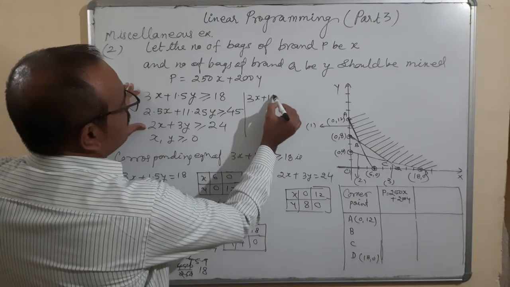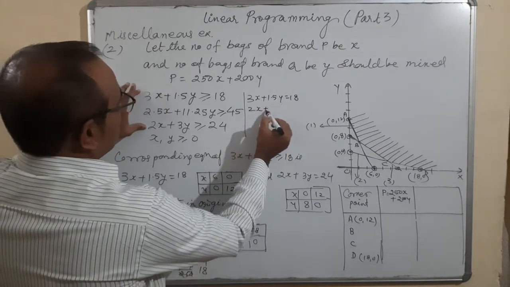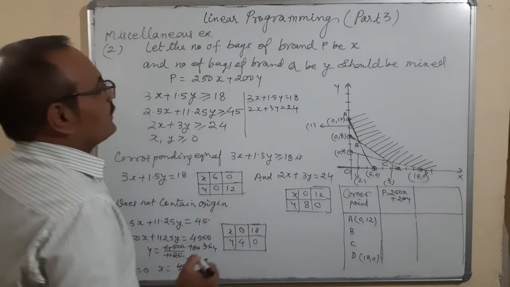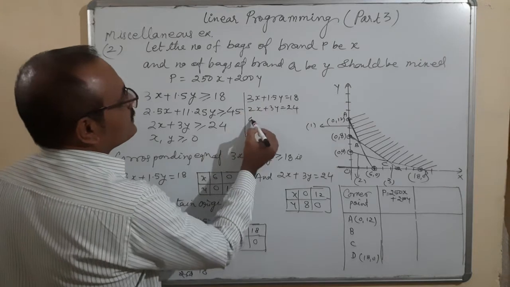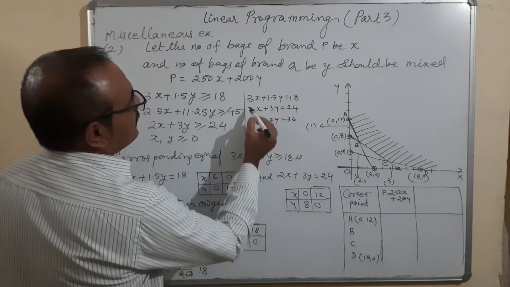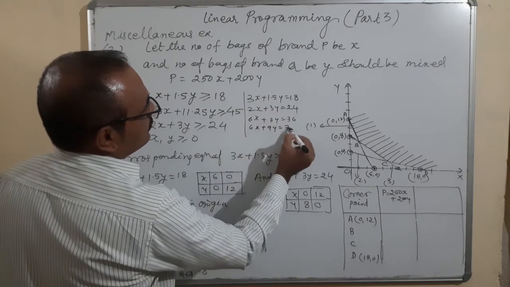3x plus 1.5y is equal to 18, and 2x plus 3y is equal to 24. For finding the value of x, we multiply the first by 2. It is 6x plus 3y is equal to 36, and 6x plus 9y is equal to 72.